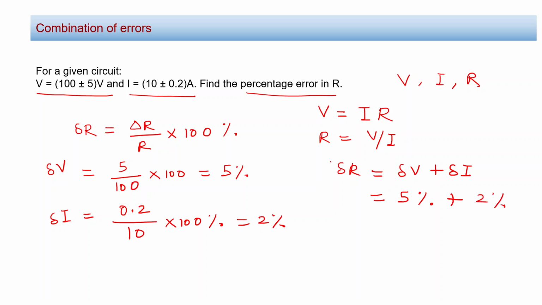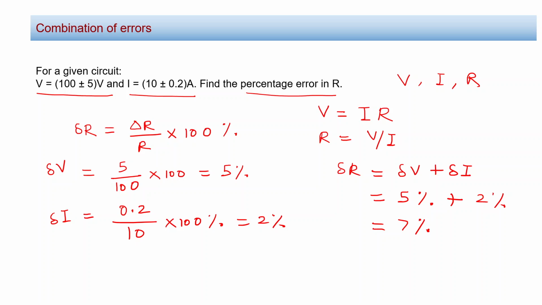So the total percentage error in resistance will be 7%. This is how we deal with errors when we are adding two quantities, subtracting, or taking their product or their division.